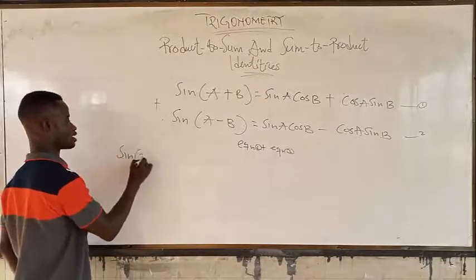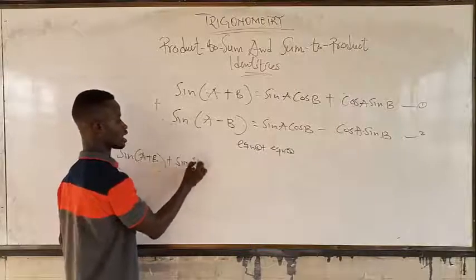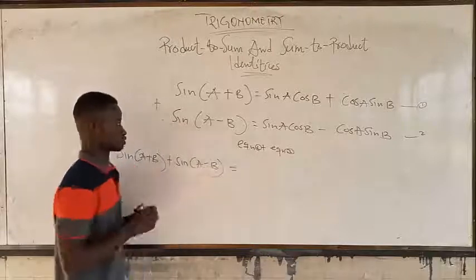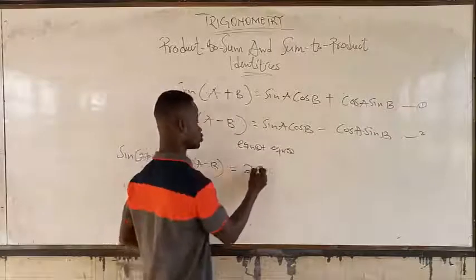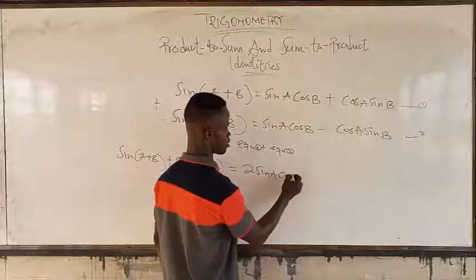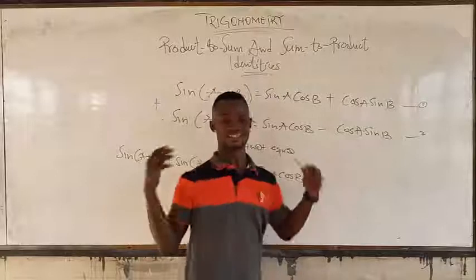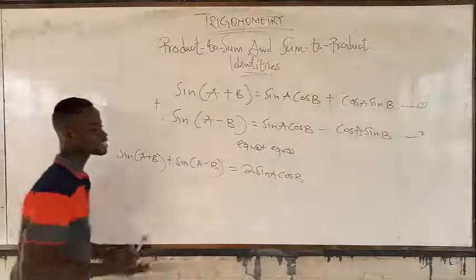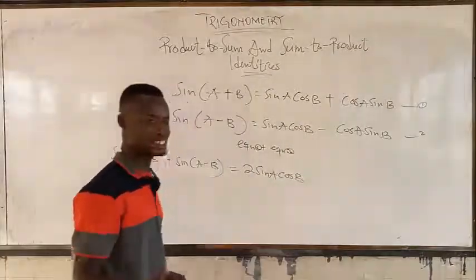That is sine(A plus B) plus sine(A minus B), and this is going to be equal to, when you add this to this, 2 sine A cos B. And when you add this to this, you get 0. Alright! So this is going to give us the product of sine A and cos B.